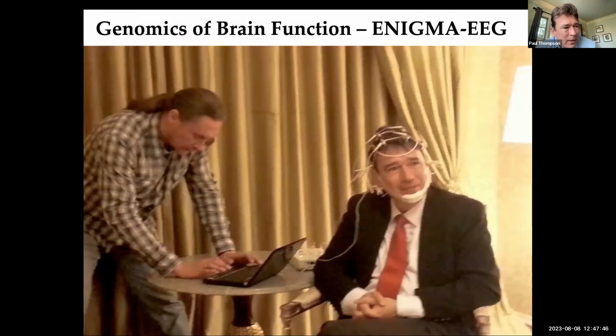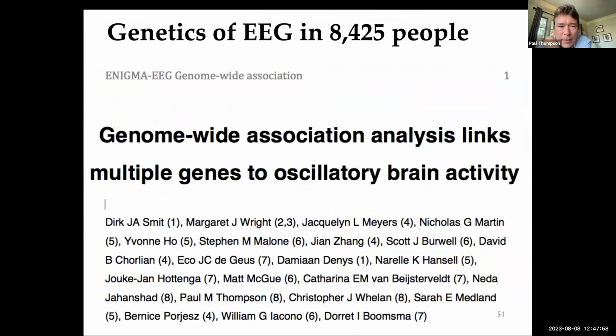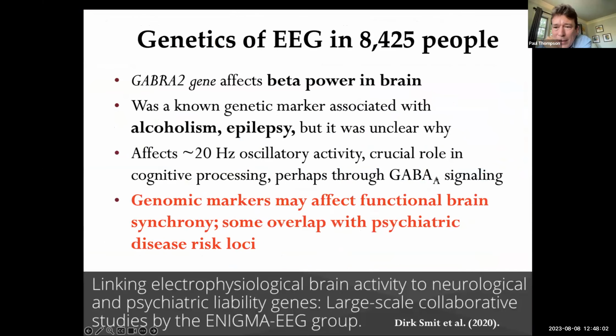Now, I won't tell you about EEG other than to say it's very convenient to do. And there's a very nice story. The lead SNPs for power spectra in EEG are implicating genetic loci in the GABA-A signaling pathway. And it's really interesting. This is in a genome-wide analysis of multi-cohort EEG data.